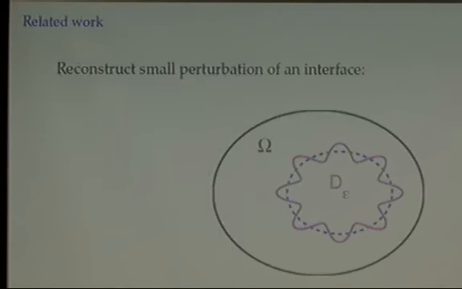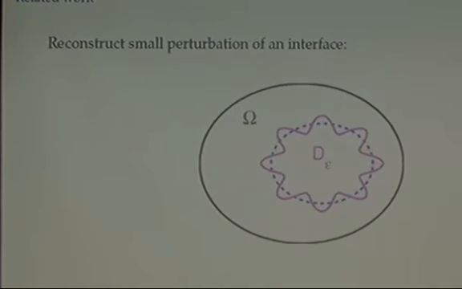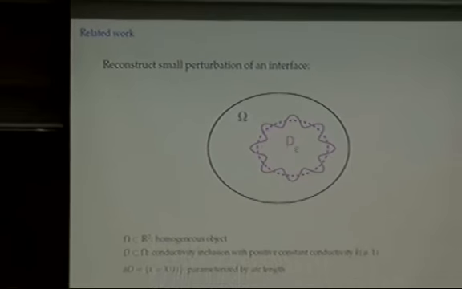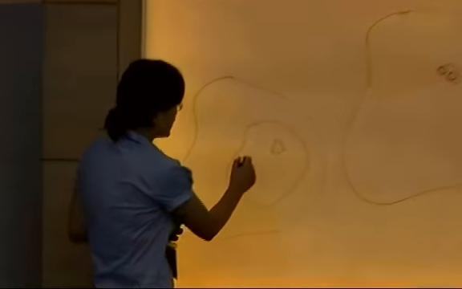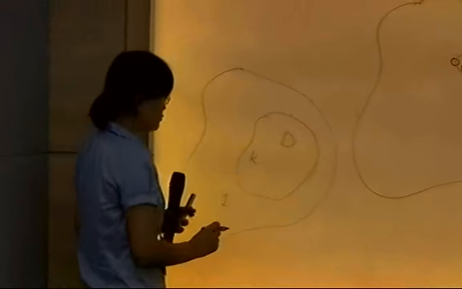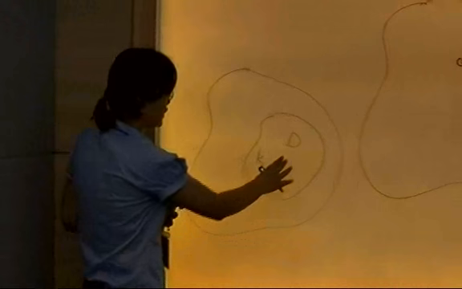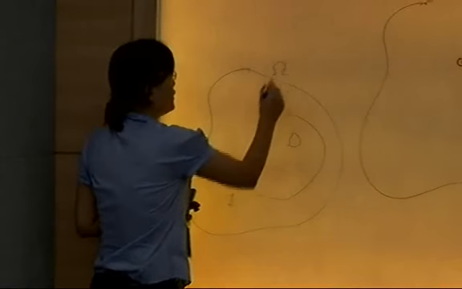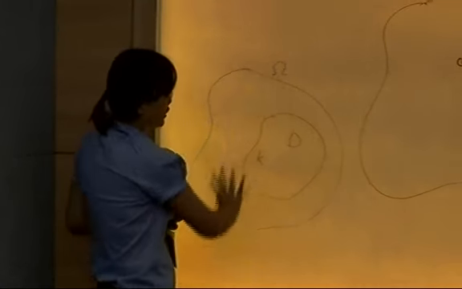So before that, I will explain the related work. In that case, rather than a small size inclusion, in a couple of papers I worked on detecting the shape of an inclusion D, which has different material property from the background, and the size of the inclusion is comparable to the background domain.